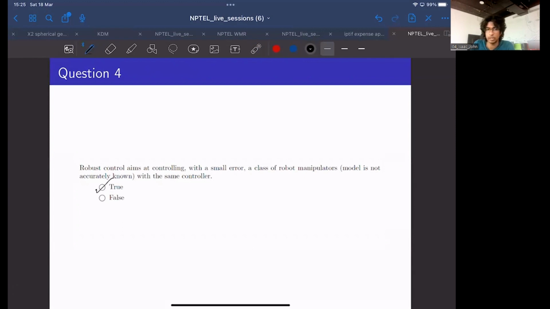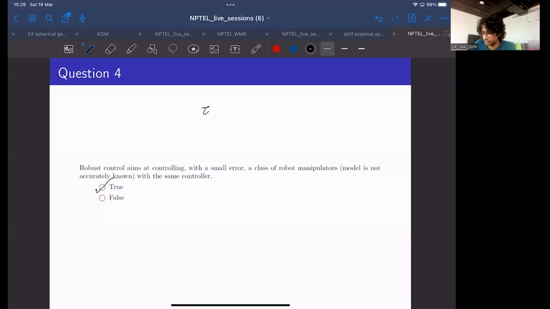So we might not even know the model accurately. There could be some discrepancies, but we can still control the robotic system with a slight error, even if the entire model is not fully known. But in case of adaptive control, we need to know the structure of the robot, even if there are some uncertainties. We still need to know the entire structure of the robot.